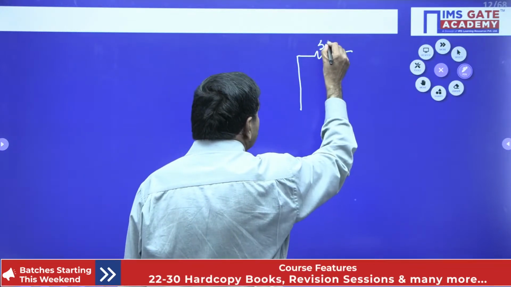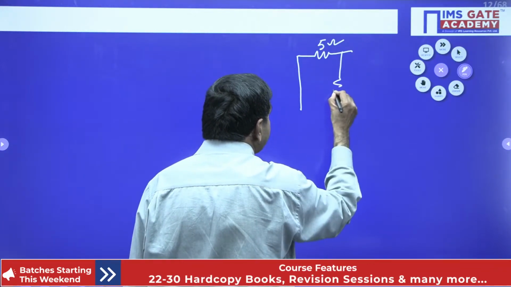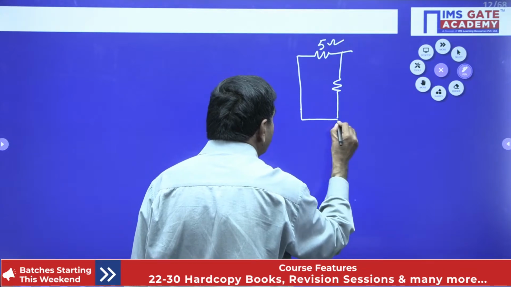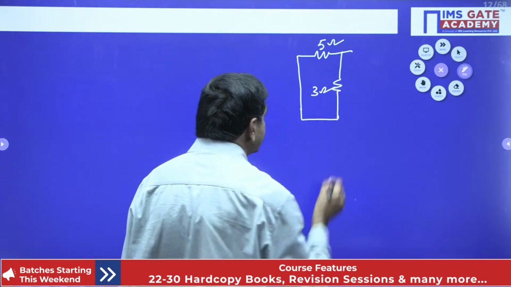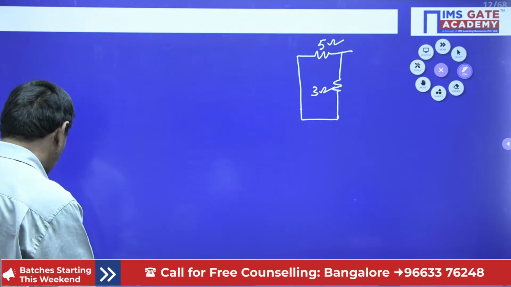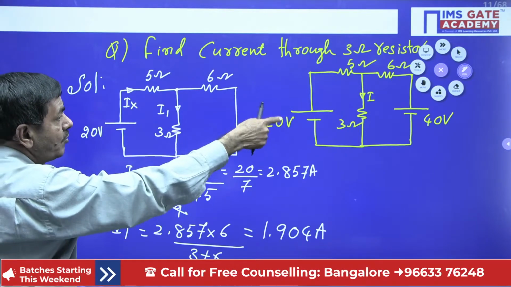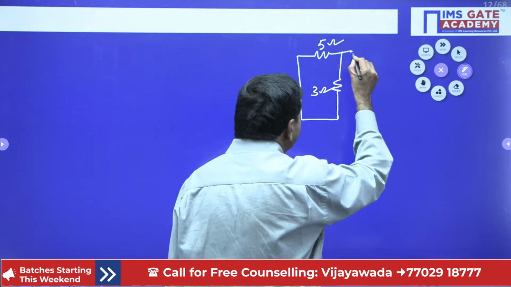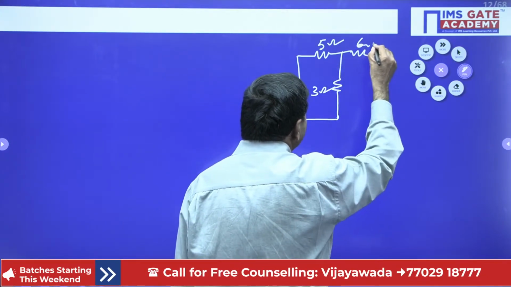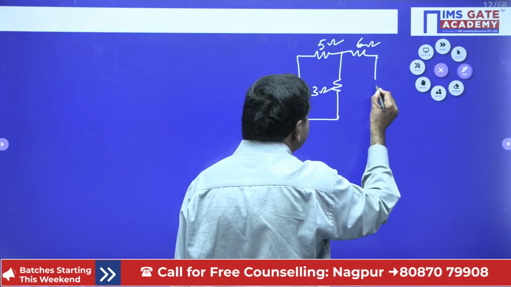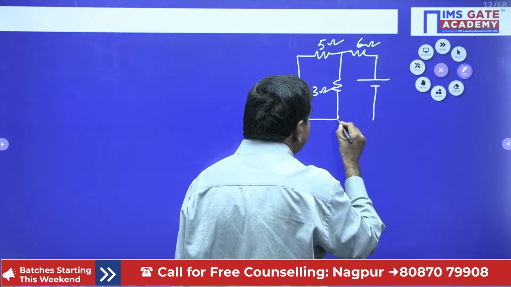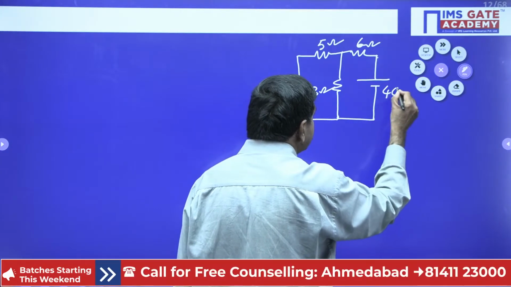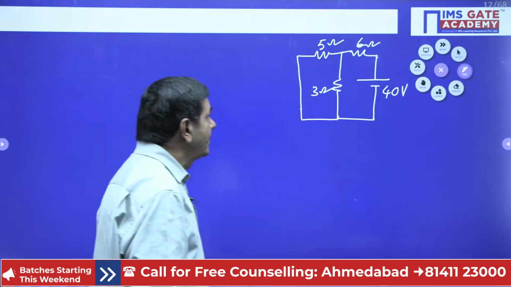This is the 3 ohm resistor given in the problem, and also connected with 6 ohms and 40 volts. This is the 6 ohm, this is the 40 volts. Yes, such a way the network is given.